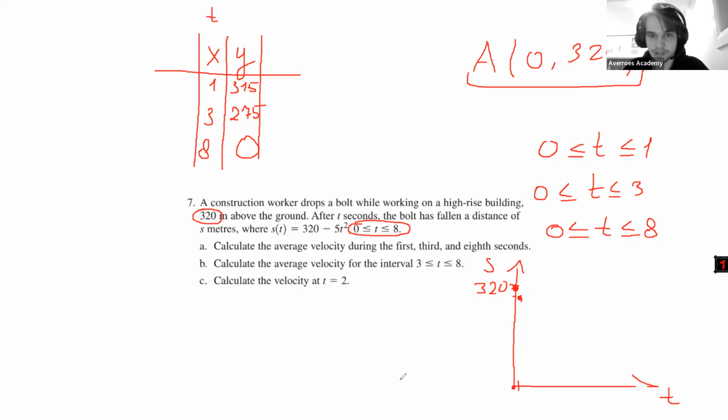Now at point 3, somewhere here, it's already far lower. And then point 8, let it be here. It would be 0. So our graph would look something like this, right?